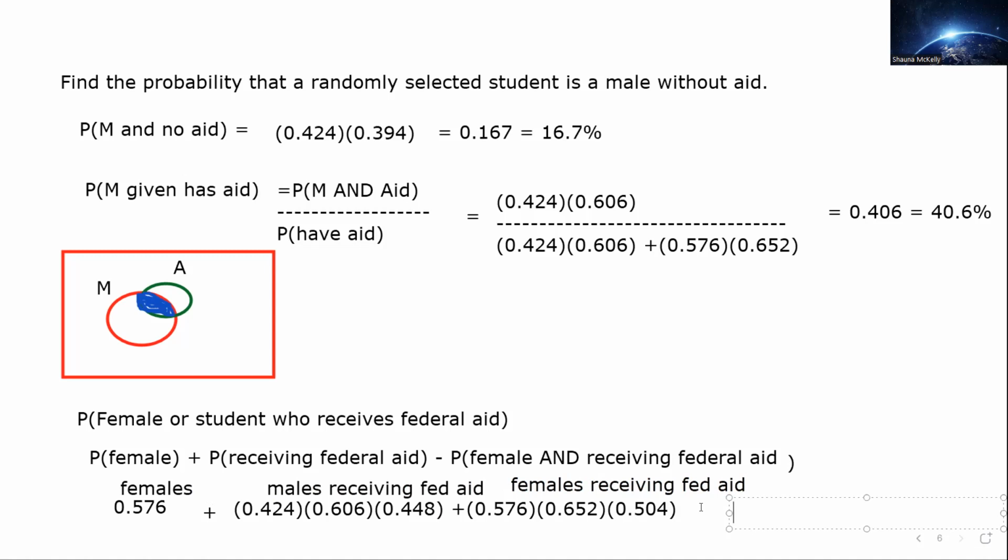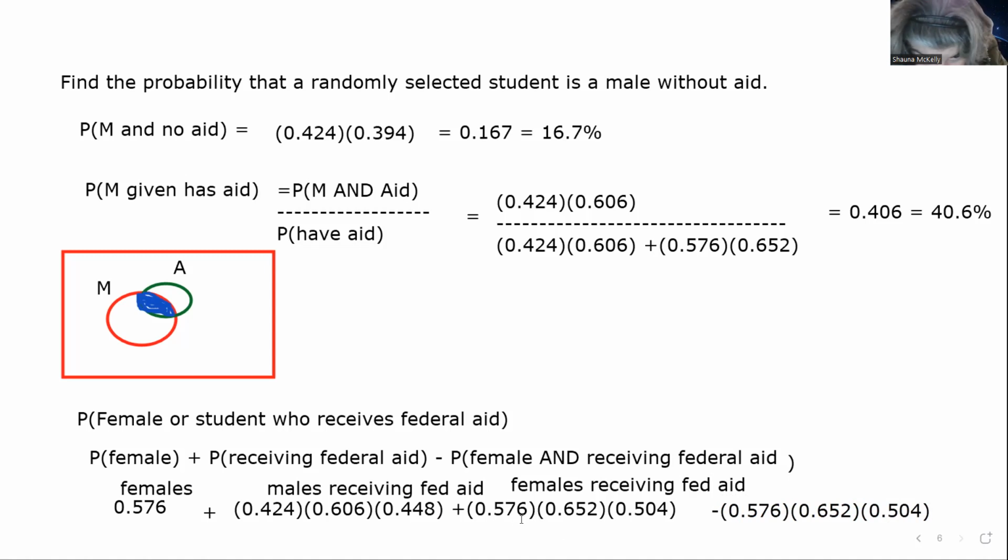So all I'm doing is I'm saying 0.576, 0.652, and 0.504. Okay. So I'm basically removing the females who receive federal aid.